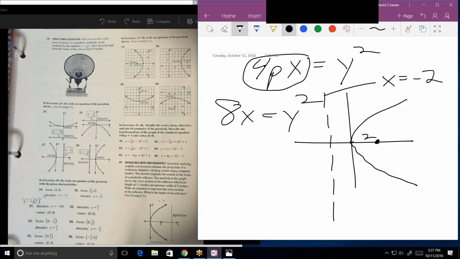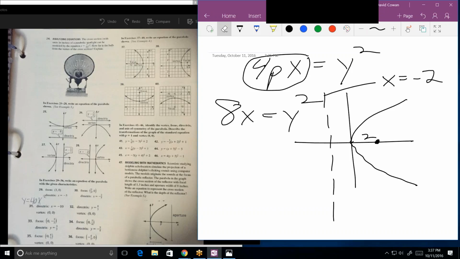You don't need to give it in terms of x equals something. If you have to, then obviously x is equal to y squared over 8, but it's actually a little better to leave it like this because that's the general format. When I look at it like this, if I'd given you the equation instead of the graph, you can instantly tell that p is 2 because 4p has to be 8.